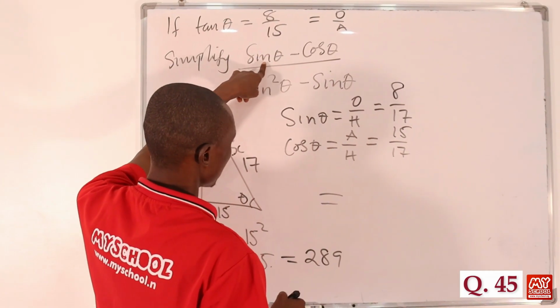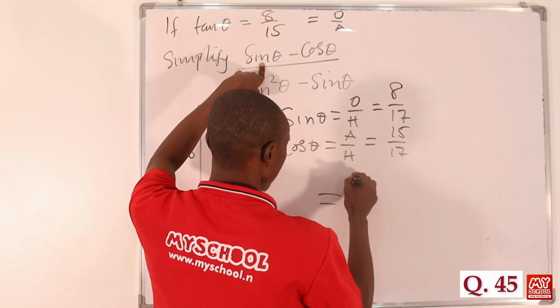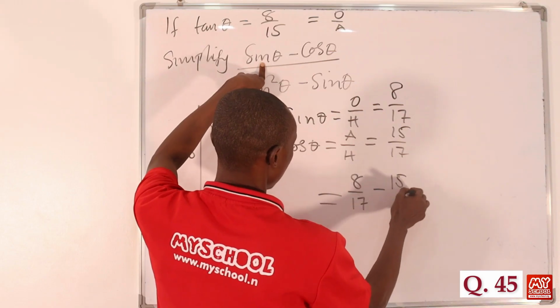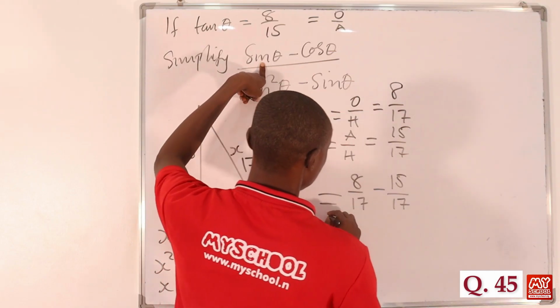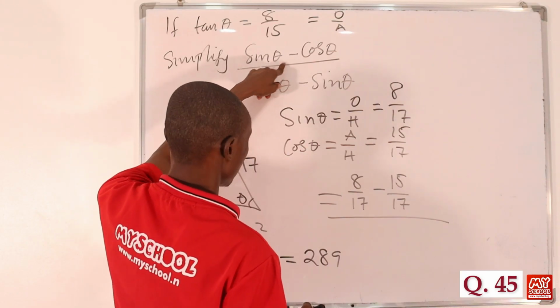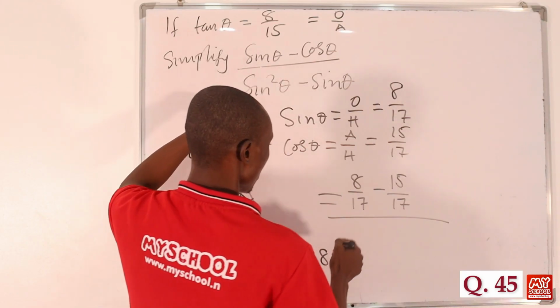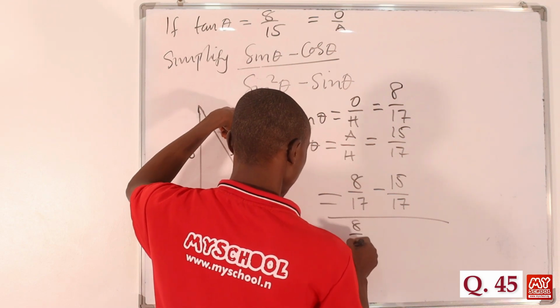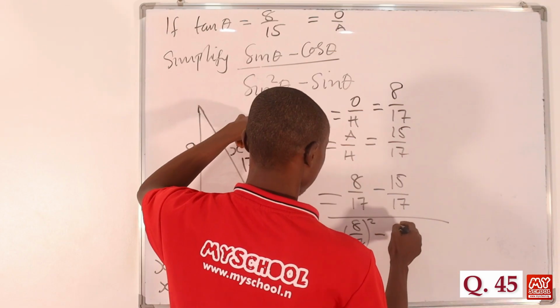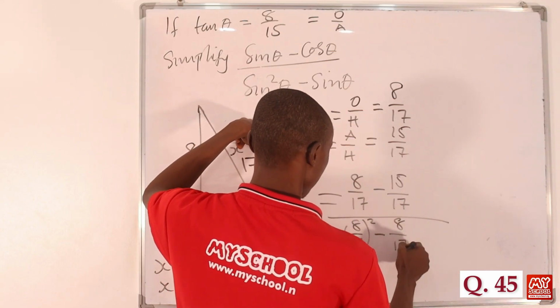So the numerator is sine theta minus cos theta, which is 8 over 17 minus 15 over 17. Then for the denominator we have 8 over 17 all squared, then minus 8 over 17.